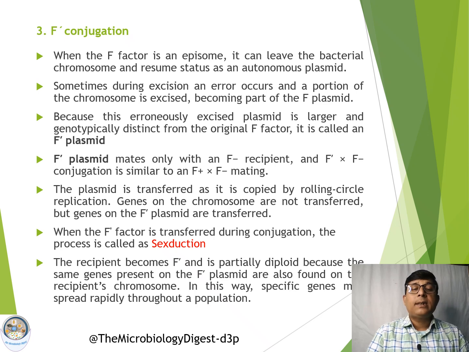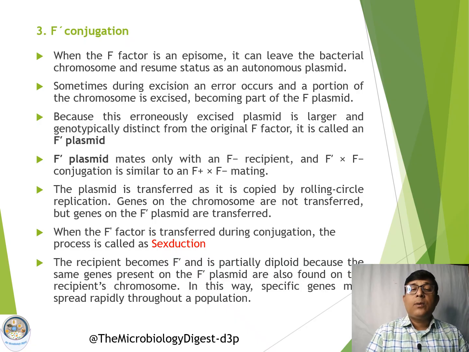In this case, the removal from the bacterial chromosome to regain autonomous plasmid status requires excision. During excision, an error occurs and a portion of chromosomal DNA is also excised.